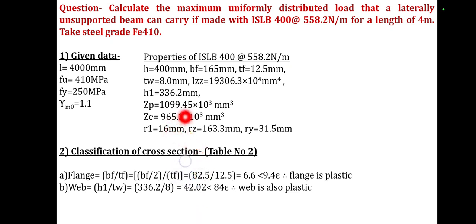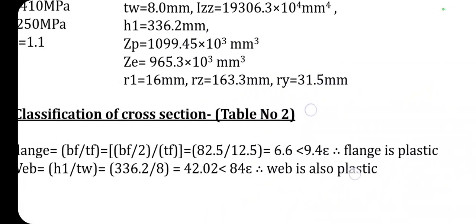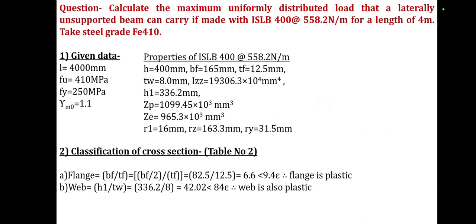Substituting the above values in the formula, we get the ratio of the flange section as 6.66, which is less than 9.4 epsilon. Therefore, our flange is plastic.